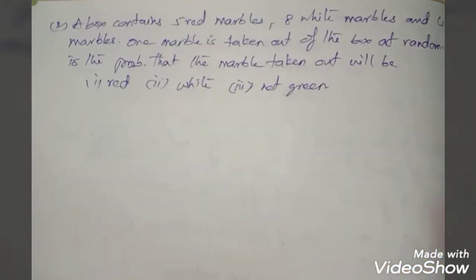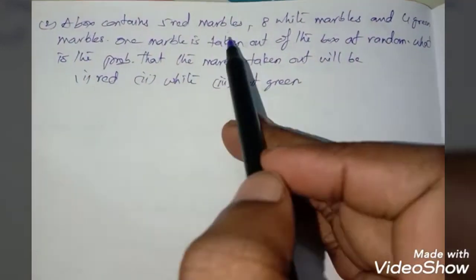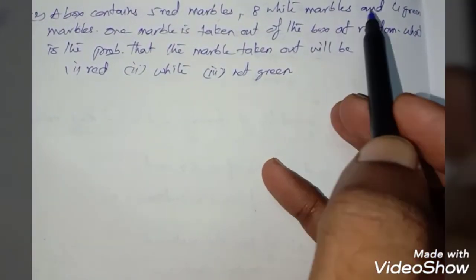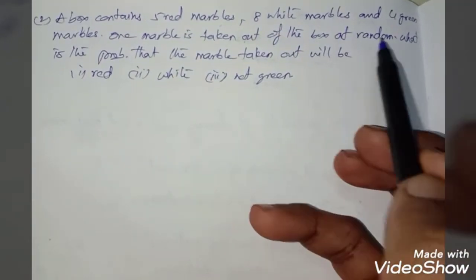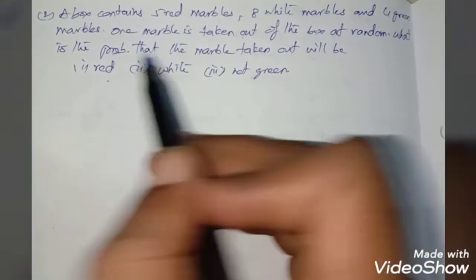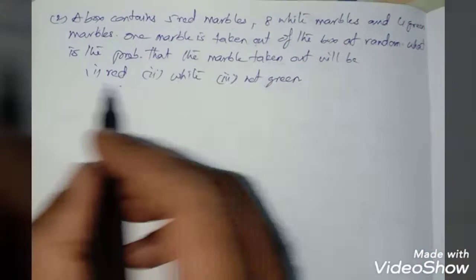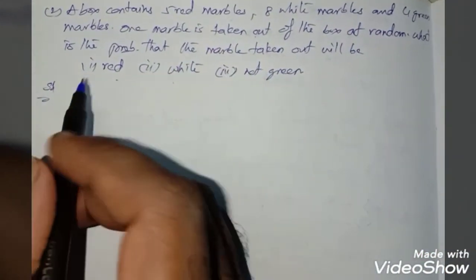Right. Now coming to the second question. A box contains 5 red marbles, 8 white marbles and 4 green marbles. One marble is taken out of the box at random. What is the probability that a marble taken out will be red, white, or not green? Right. So here first you need to find the total number of marbles in that box.